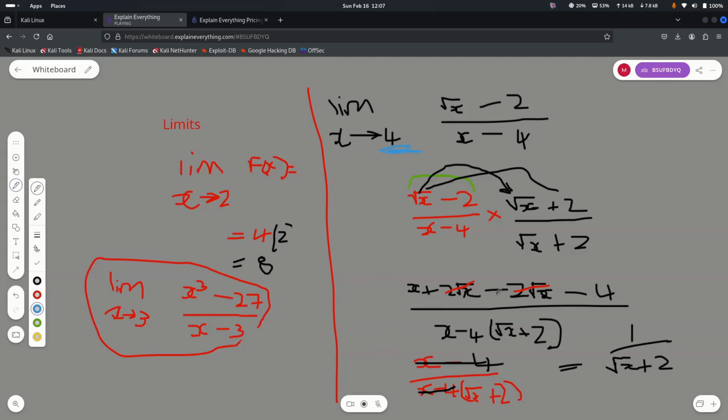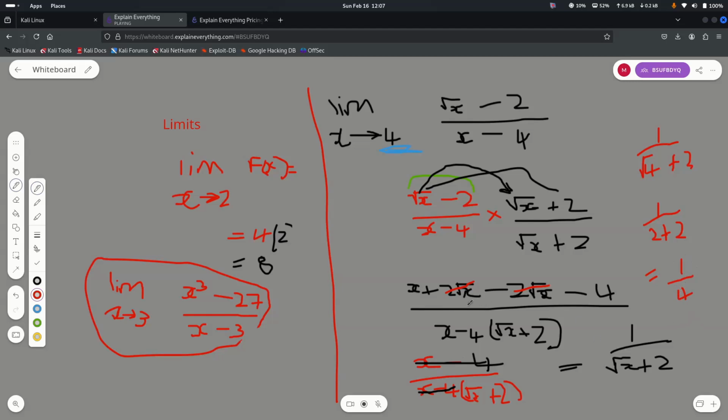Is approaching 4, meaning now that we have answer like this, we have to place 4 here, meaning we will have 1 over square root of 4 plus 2, and square root of 4 is what? Is 2. Then we have 2 plus 2, which is 4. Then our final answer is going to be 1 over 4.